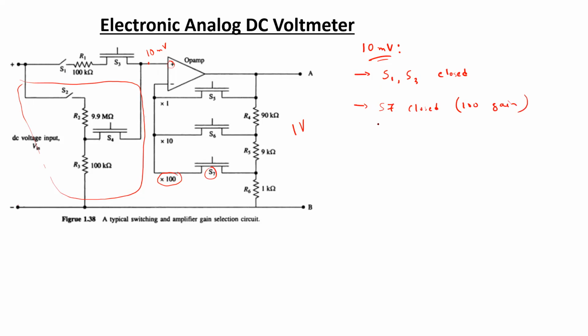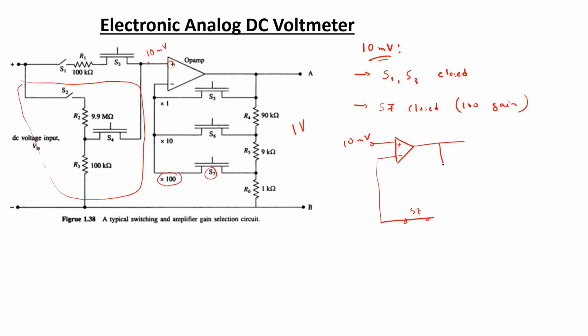So in that case, if I just draw the portion of the amplifier circuit, how it would look like, let's say at the non-inverting terminal we have 10 millivolts, and as switches S5 and S4 are open, we can omit that portion from our analysis, and S7 is closed.